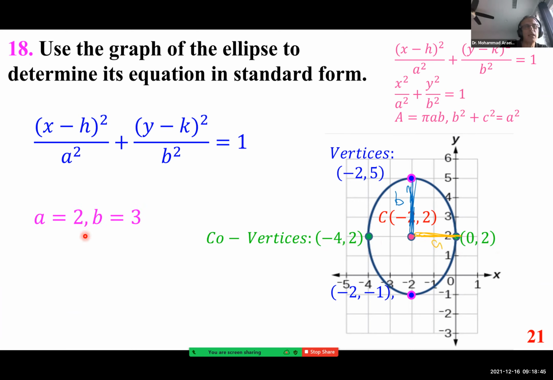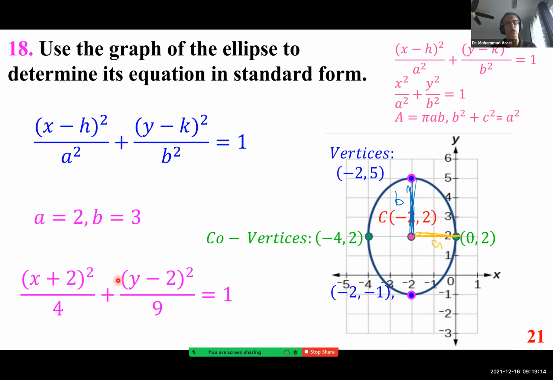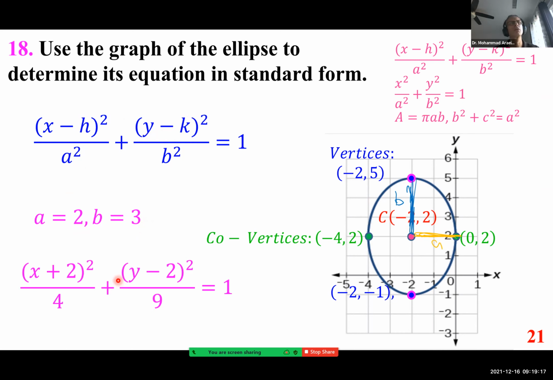So we have A, we have B, and we have the center. So we're going to put it into this equation: x minus h quantity squared over A squared plus y minus k quantity squared over B squared. So x minus -2, that means x plus 2 over 2 squared, which is 4, plus y minus 2 quantity squared over B squared, which is 3 squared equals 9. And that equals 1. So this is how you arrive at the equation.